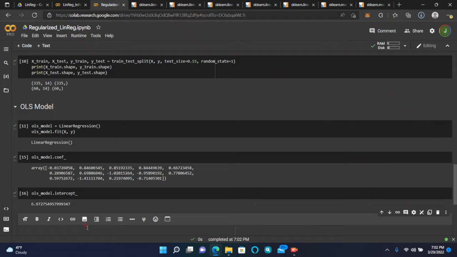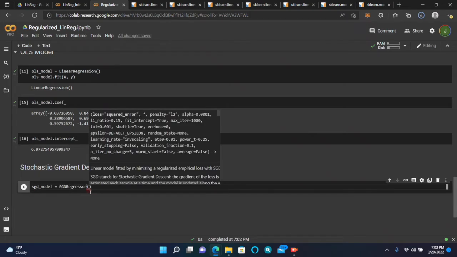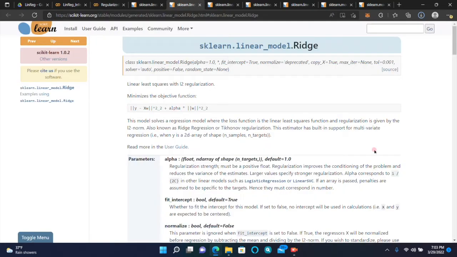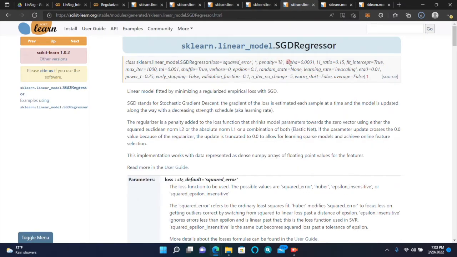Now it's the next one, SGD regressor, stochastic gradient descent model. How does that sound? Call this SGD model. Now, I'm not tuning any hyperparameters on these because I think we want to just kind of compare them out of the box.